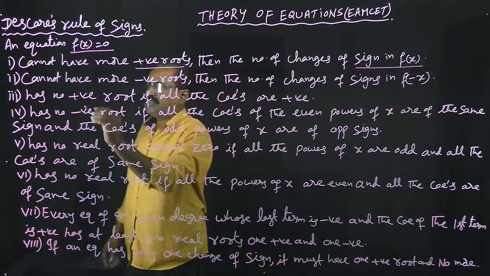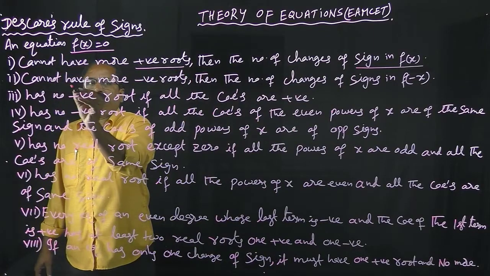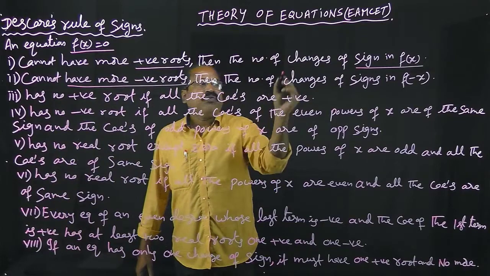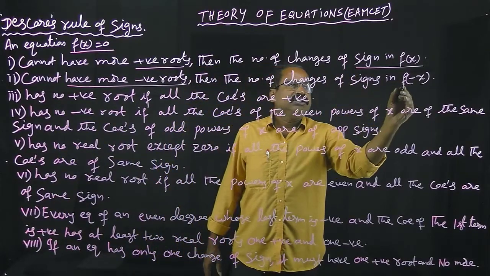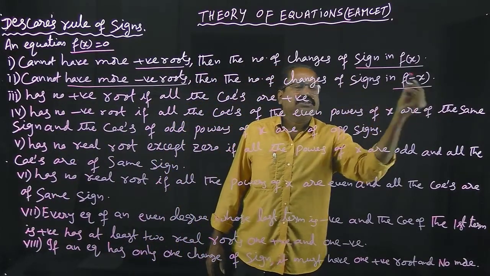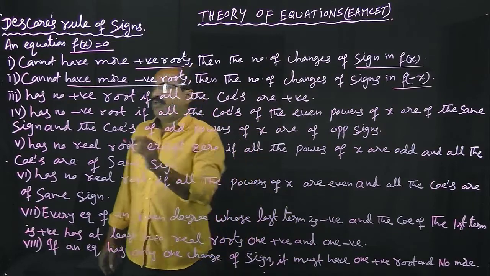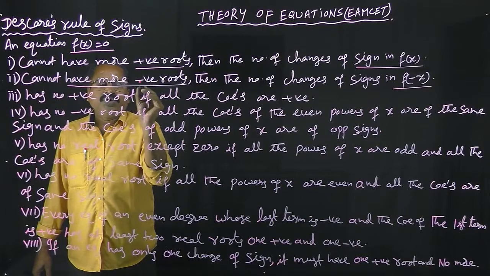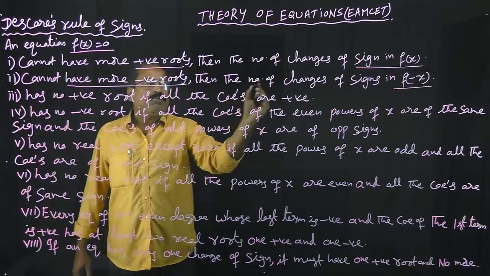Second one is, it cannot have more negative roots than the number of changes of signs in f(-x). Third one is, it has no positive root if all the coefficients are positive.